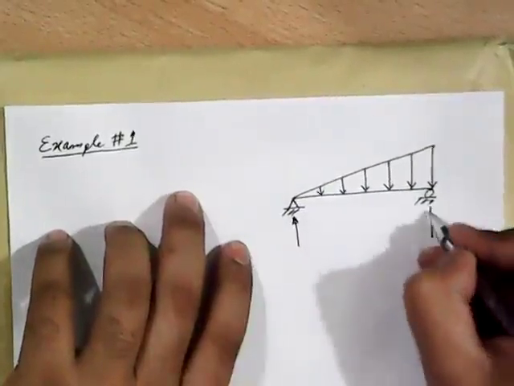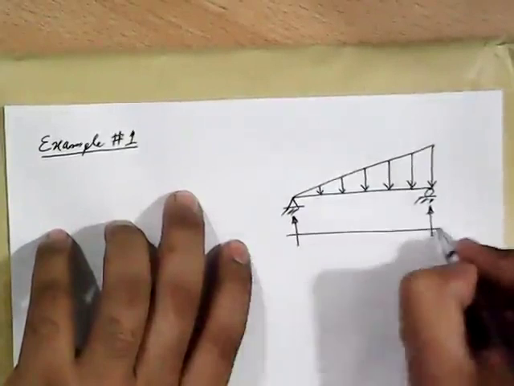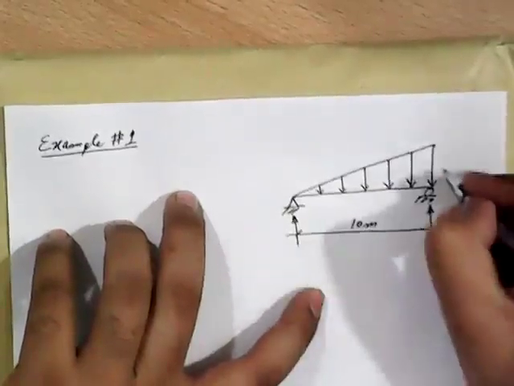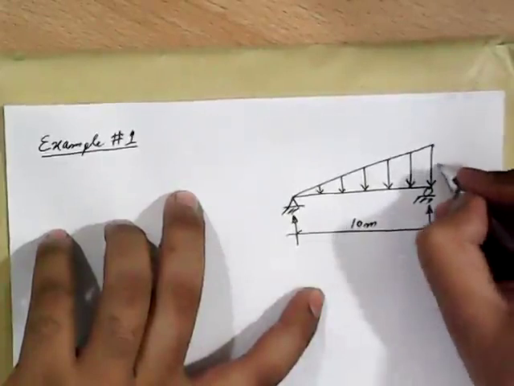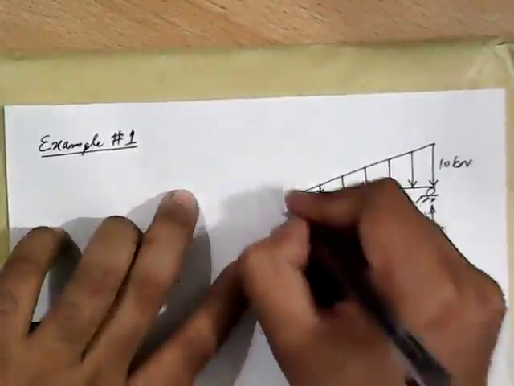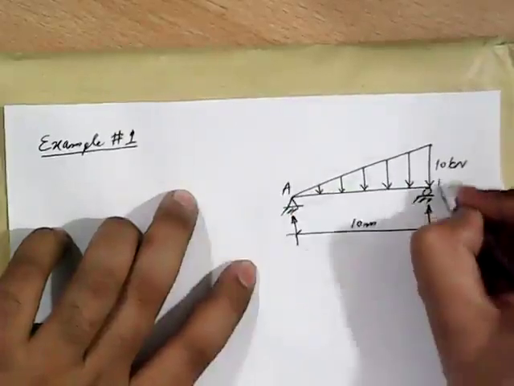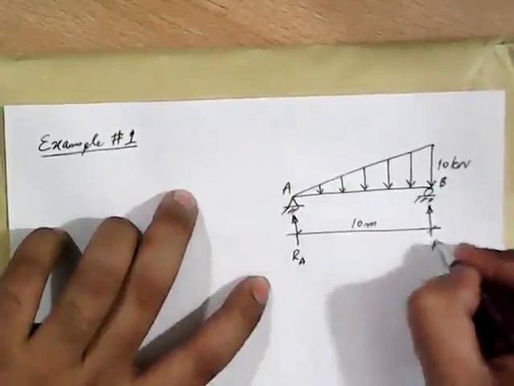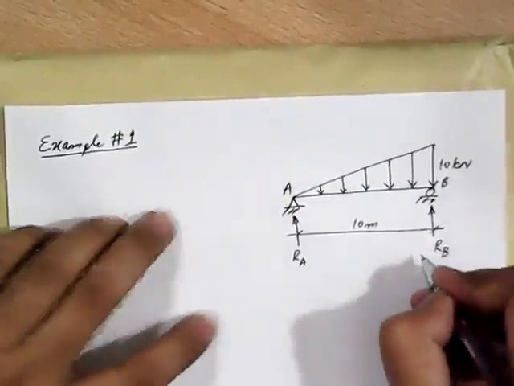We will have two reactions here. The load has a magnitude of 10 kilonewton per meter. If we call this end A and this end B, this reaction will be RA and this will be RB.